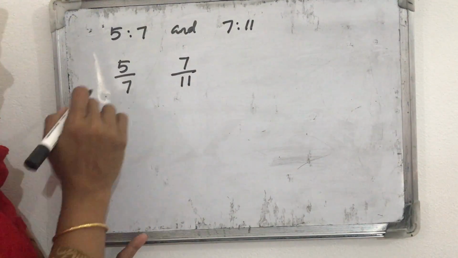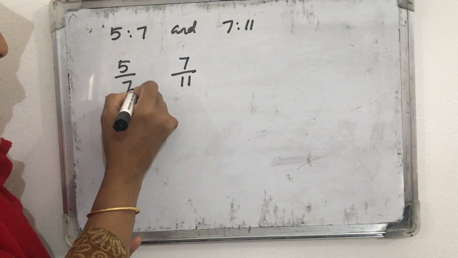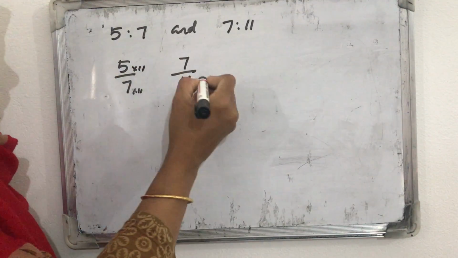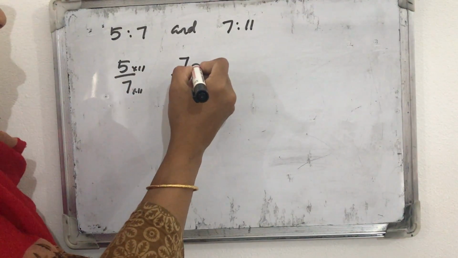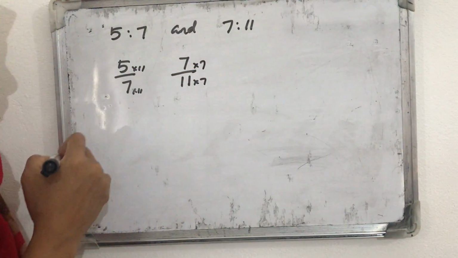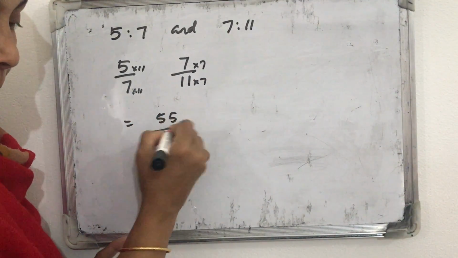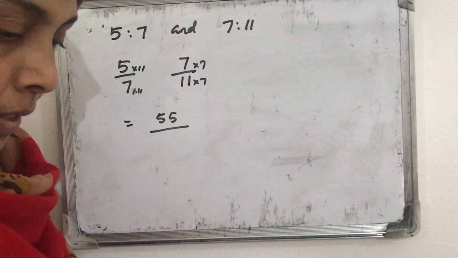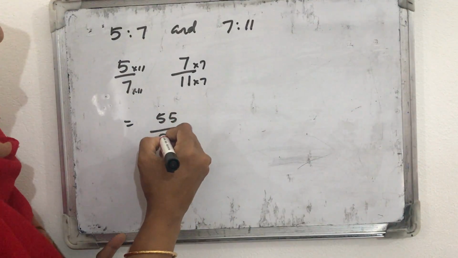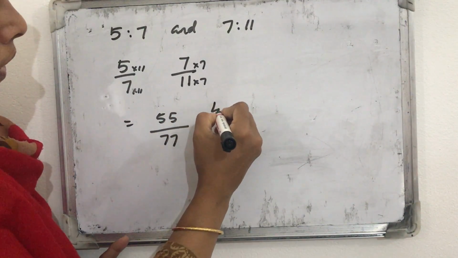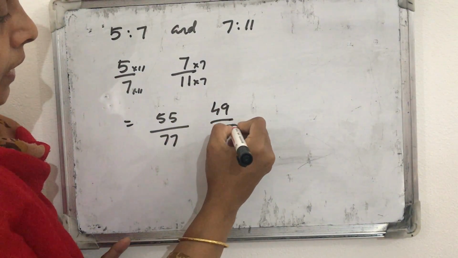That is 77. So 5 by 7 we multiply with 11, and 7 by 11 we multiply with 7 to get the same denominator. So we will get 55 by 77 and 49 by 77.